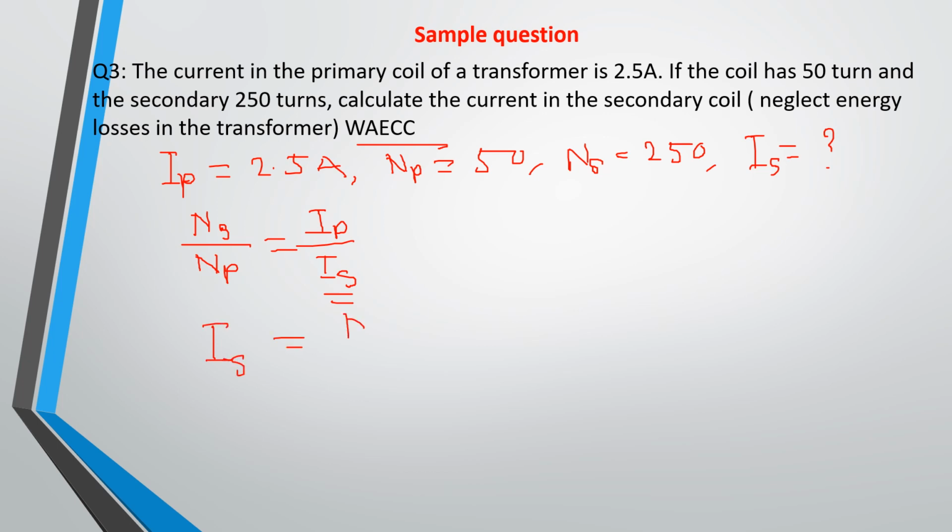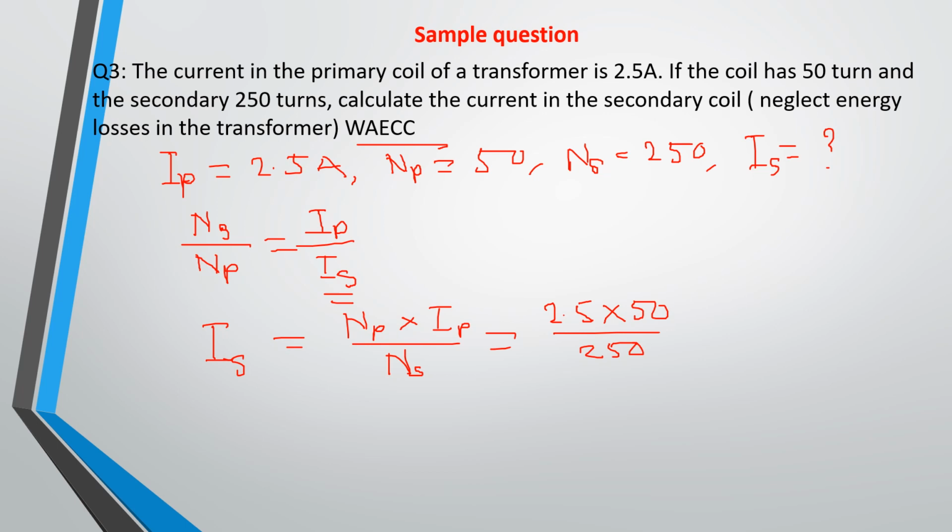So we make that the subject of the formula so that current in secondary IS will be equal to NP times IP all over NS. So substituting, you are going to have IP, current in the primary is 2.5, times number of turns in the primary, 50, all over 250.